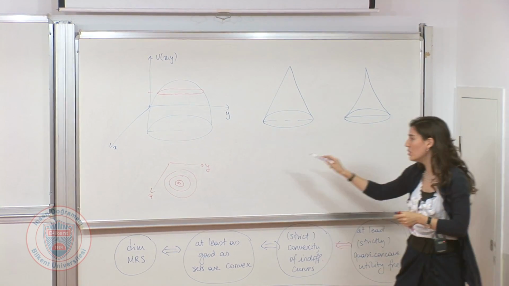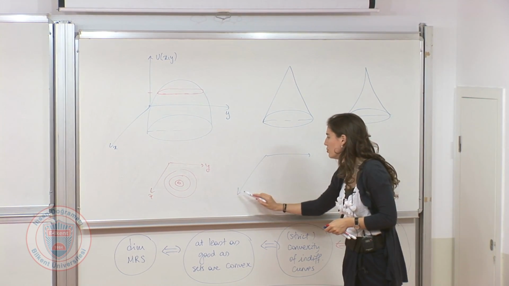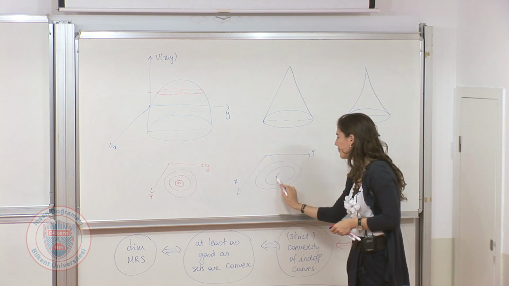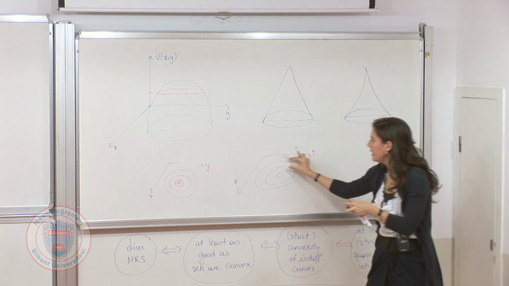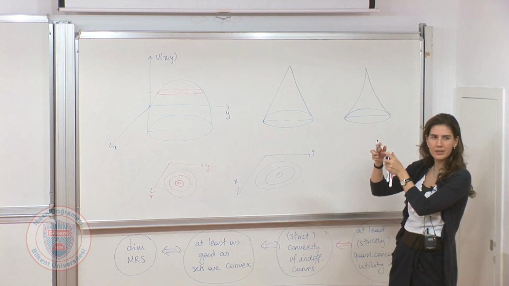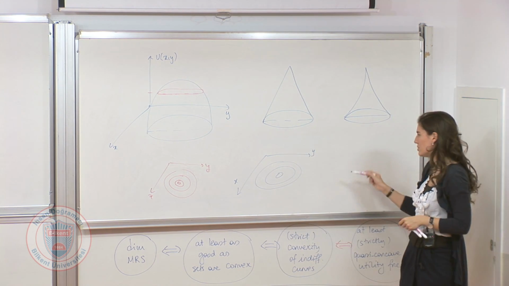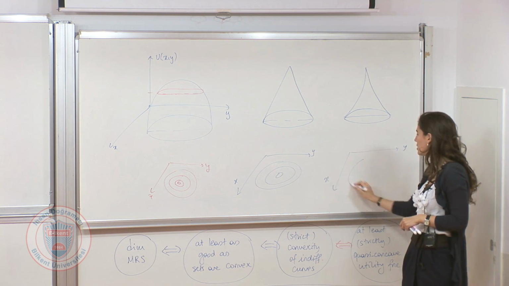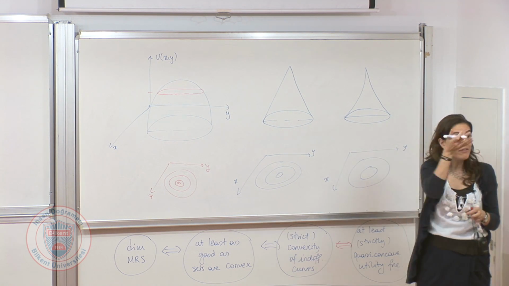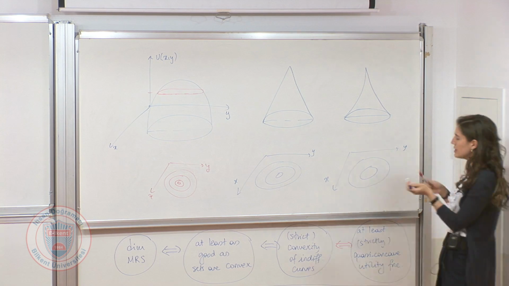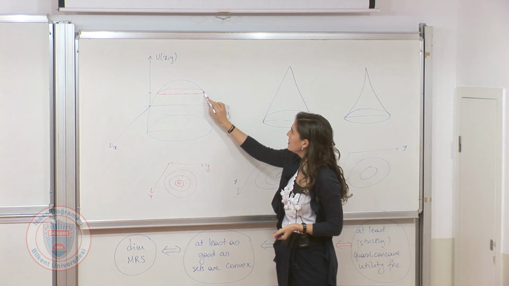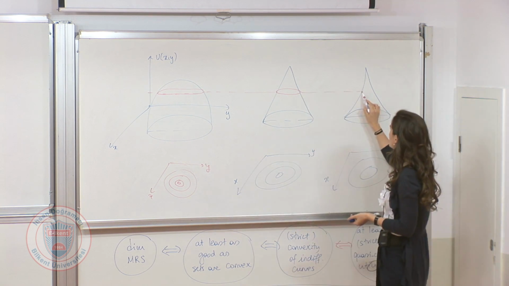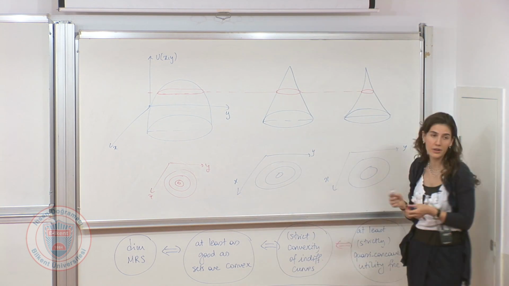This is X, this is Y, and both of these would give indifference curves like this, but the frequency would be different compared to a dome. And if you have a pinched cone, it would also give you level curves like this. When you slice it at the same utility level, this is also going to give you these kinds of curves.